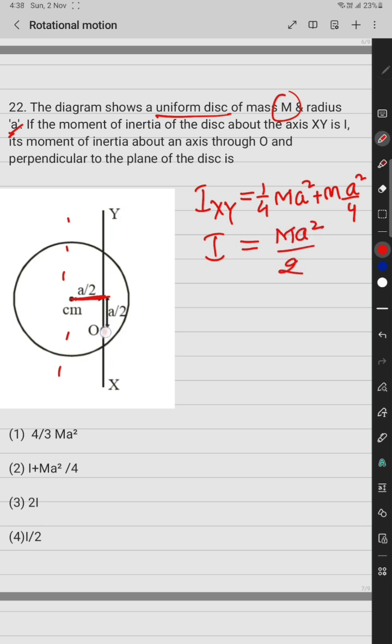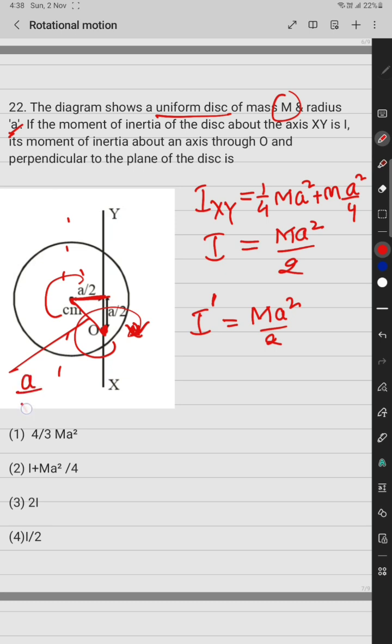Now we want to find the moment of inertia about this axis, which is perpendicular to the plane and passing through O. Therefore I dash is I_g plus m d squared. I_g is m radius squared divided by 2, and this perpendicular distance is a by 2 and a by 2, whose hypotenuse is a by root 2, so the perpendicular distance is a by root 2.